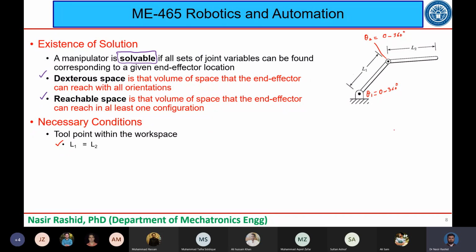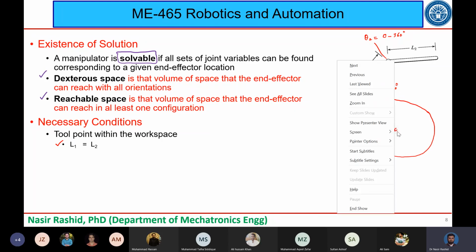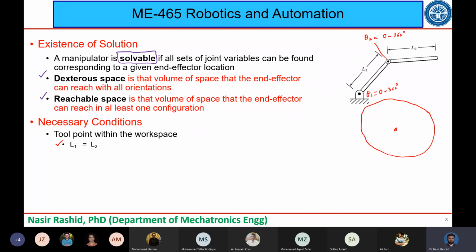So if this is the center point, so I am going to have a circle like this, and this is the center point with a radius L1 plus L2. ये इसकी मैक्स हो गई.